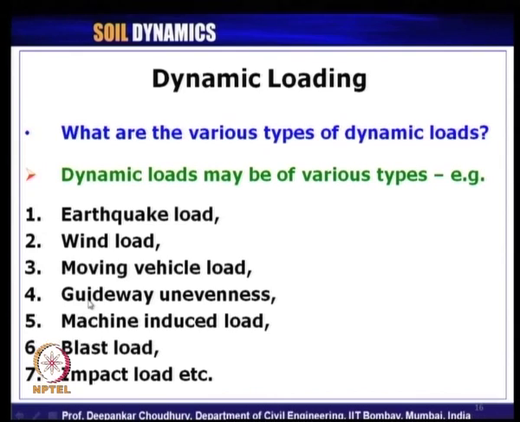Then another type of dynamic load comes from guideway unevenness. What is guideway unevenness? There can be several undulations on pavements, runways, etc. Because of those undulations, when any vehicle is moving on those pavements or runways, it may experience additional jerking, which is due to the additional dynamic load coming because of the movement of the vehicle on those uneven pavements or uneven runways.